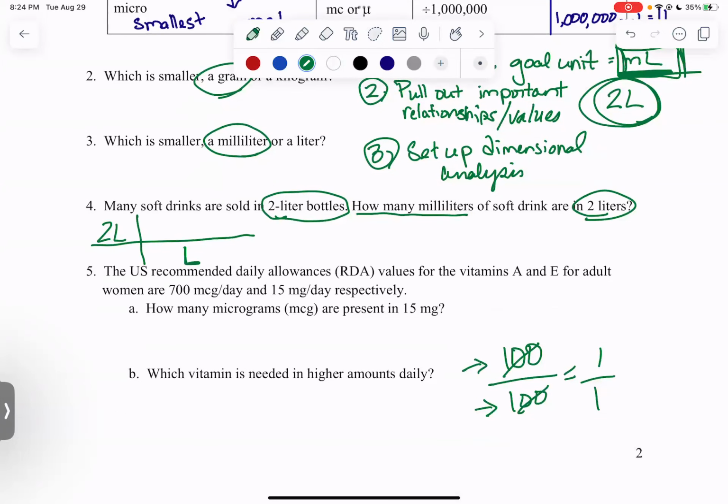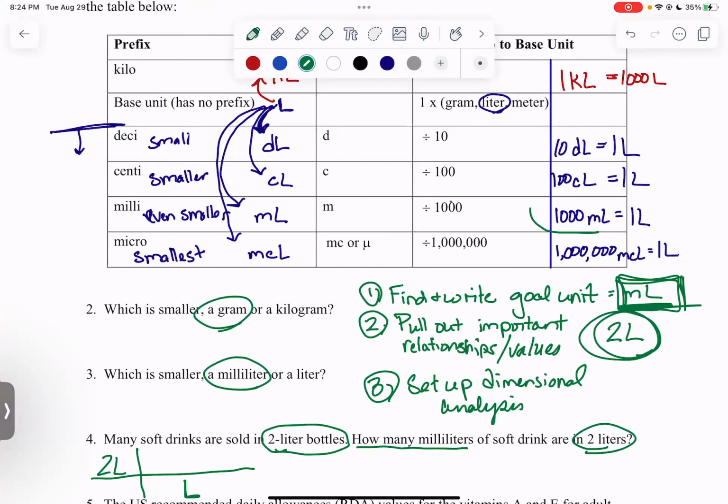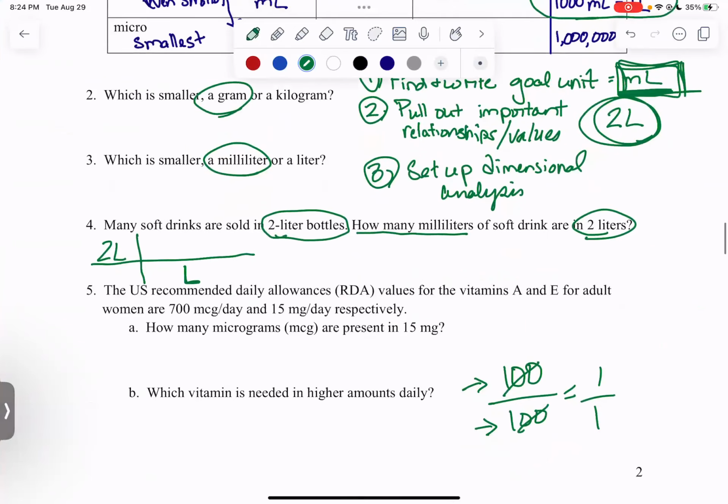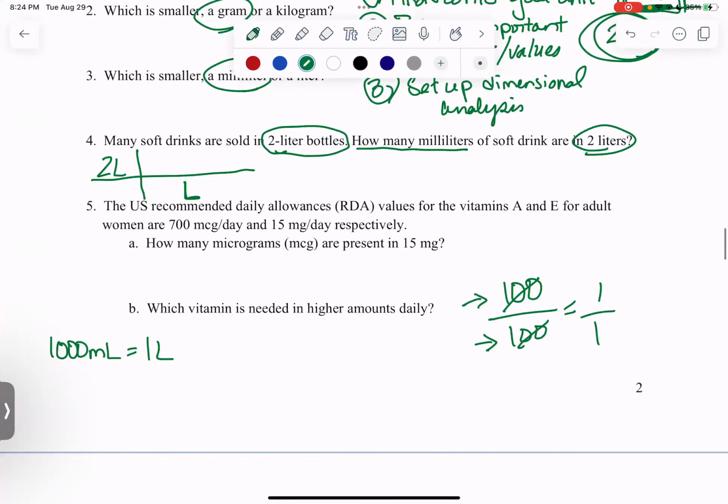If we have something in liters and we want milliliters, here we have liters and milliliters. That's a relationship we have up here. I'm going to recopy that down here: 1,000 milliliters equal to 1 liter. I'm going to turn that into a fraction, and I can do it in one of two ways. The first way is to put milliliters on top.